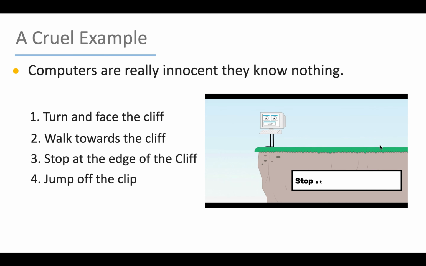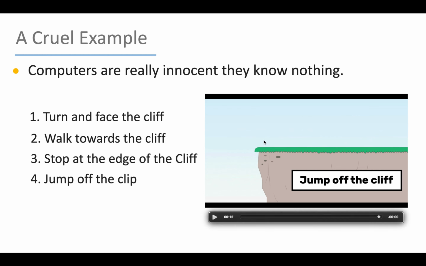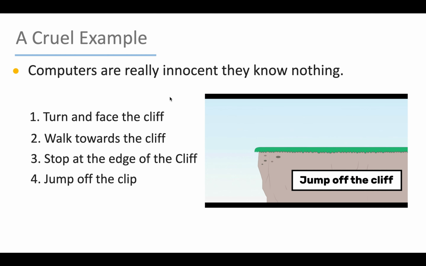So it's safe for now. Then stop at the edge of the cliff and then make a jump. So there we go. Bunny is no more. So this example is just to show you that computers will do whatever you ask them to do. You just need a proper set of instructions. So this is programming.